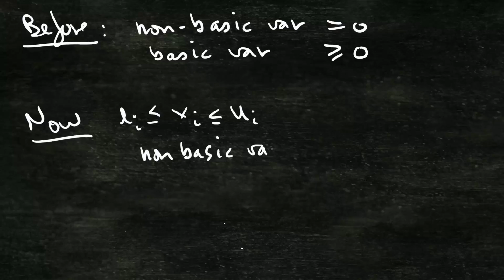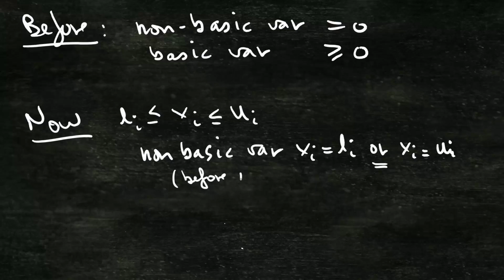Now our definition will be that a non-basic variable has xi either at the lower bound or at the upper bound. So if it's not basic, it's definitely either at the lower bound or at the upper bound. Notice that before, Li was equal to 0 and ui was infinity.